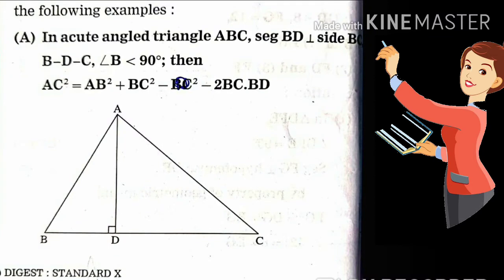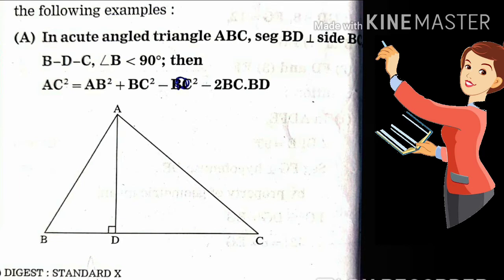And application of Pythagoras theorem, we can apply Pythagoras theorem for acute angle triangle and also for obtuse angle triangle. In question number 5, we are going to use the application of Pythagoras theorem for acute angle triangle. Here in the diagram we can see triangle ABC.